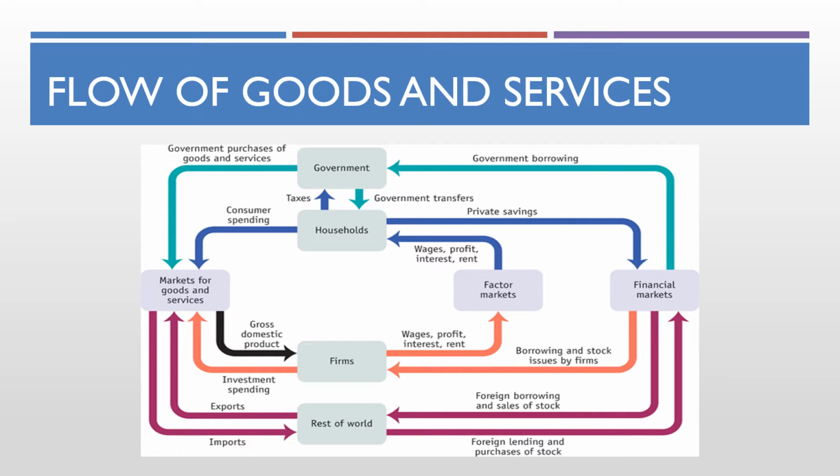The rest of the world actually interacts with our domestic markets in two different ways. One is through the market for goods and services. Often you will hear about us importing goods from China or importing goods from Australia. Those are basically the ways we buy goods from other countries, so money will flow out of the domestic markets and into the rest of the world. But sometimes we also export.